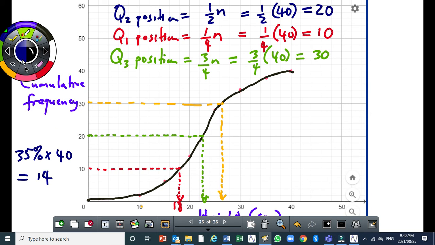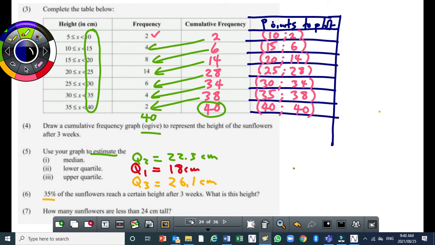So you go to your y-axis, you locate where 14 is. Then you need to determine that height. The height there is going to be 20, and then you get your answer. You see that it's easy if you know what to do. So your answer here is going to be 20 centimeters.